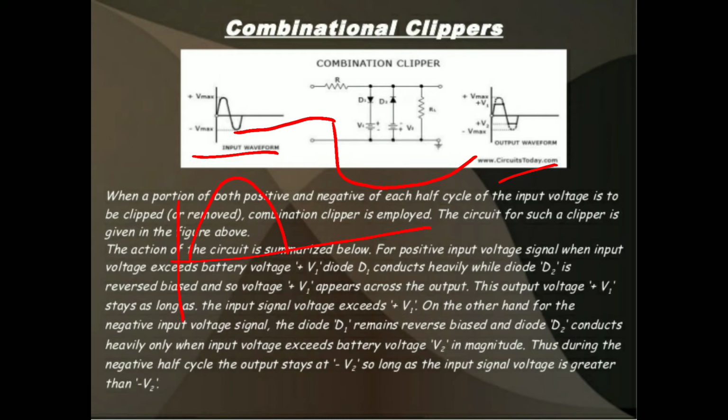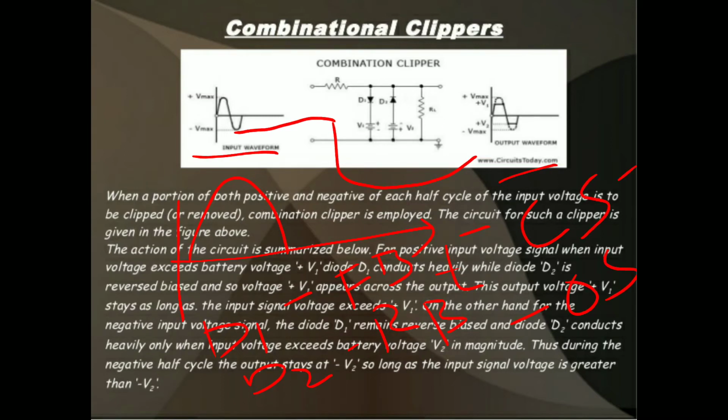During the positive half cycle, diode D1 is forward biased, D2 is reverse biased. Here D1 acts as a closed switch and D2 acts as an open switch.